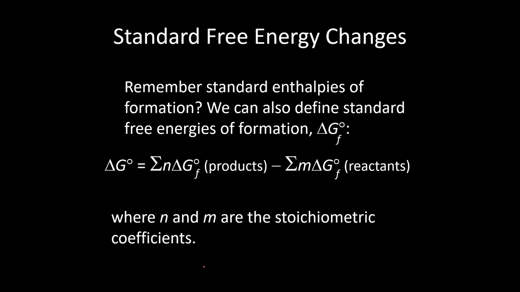You do not have to get all the numbers for delta H and all the numbers for delta S and do all those calculations and then plug it into a separate equation. Instead, scientists in the past have been very kind to us, and they have actually done all those types of calculations for us and worked out standard Gibbs free energy values. And we can do the same kind of equation, but with Gibbs free energy values, essentially with an extra equation added on as well.